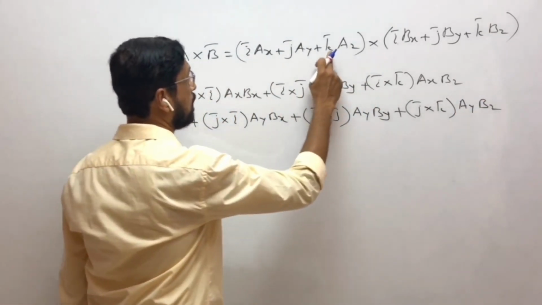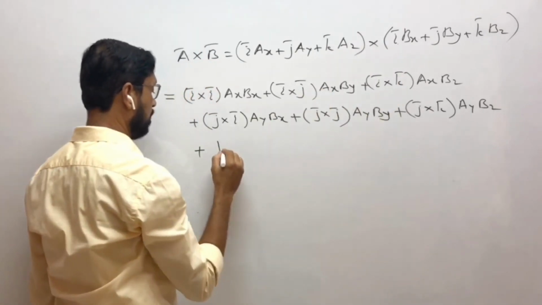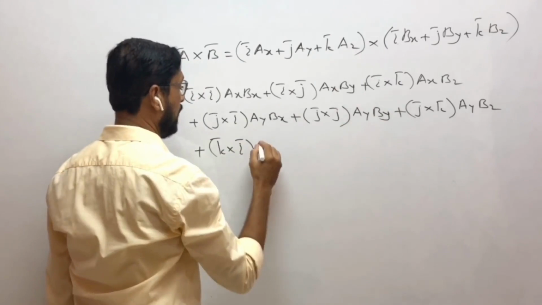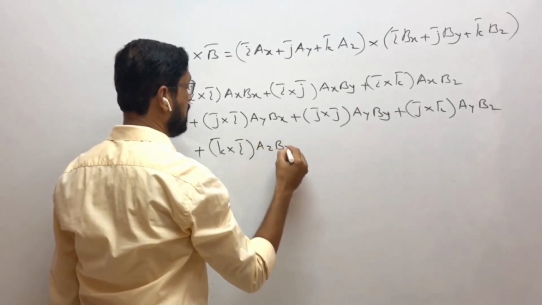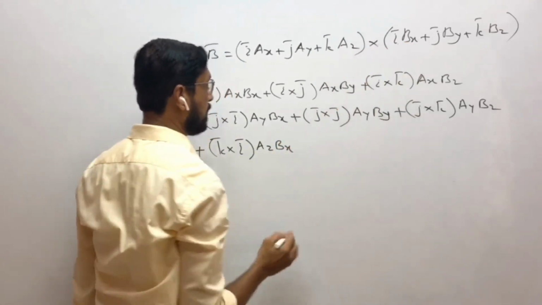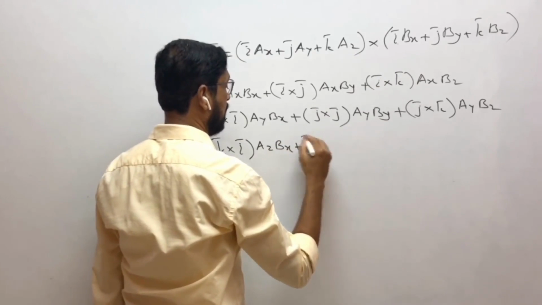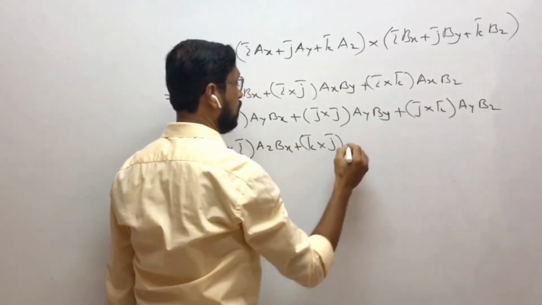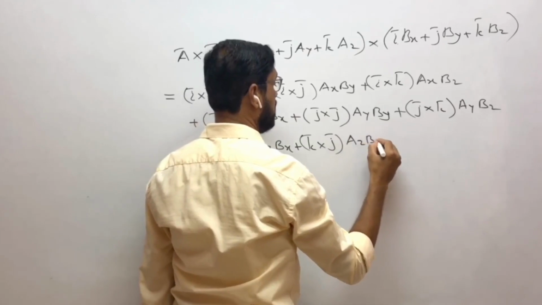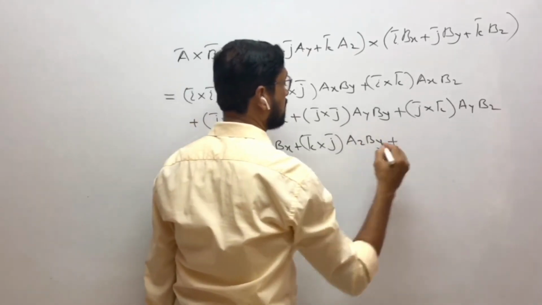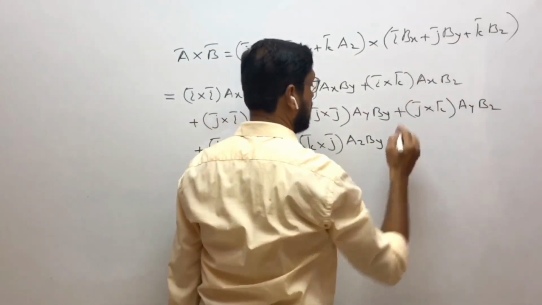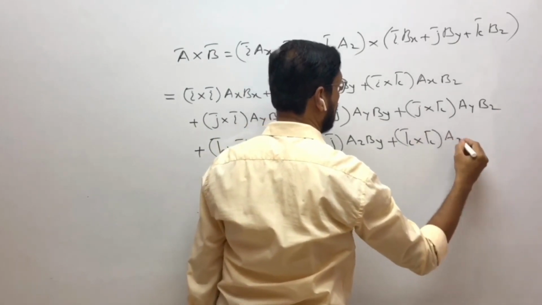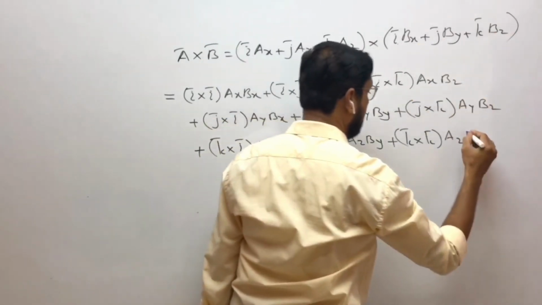Plus K cross I into AZ BX plus K cross J into AZ BY plus K cross K into AZ BZ.